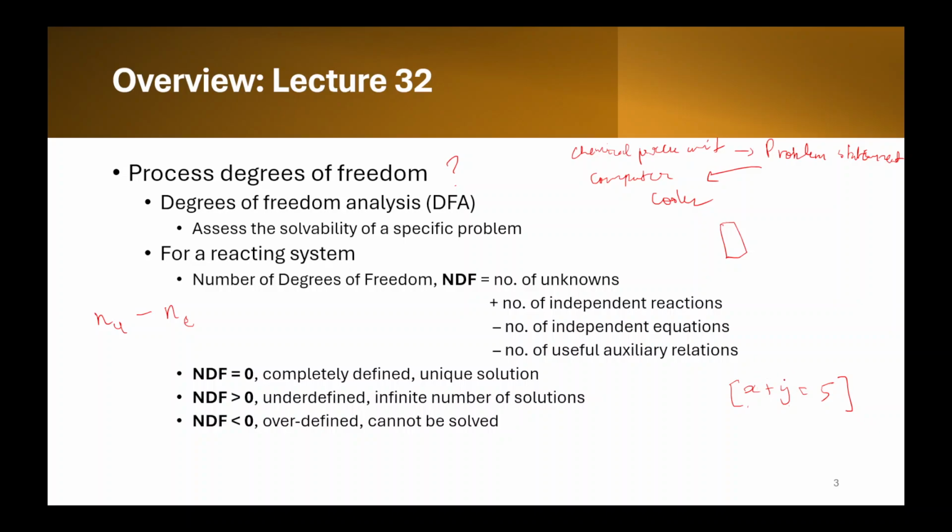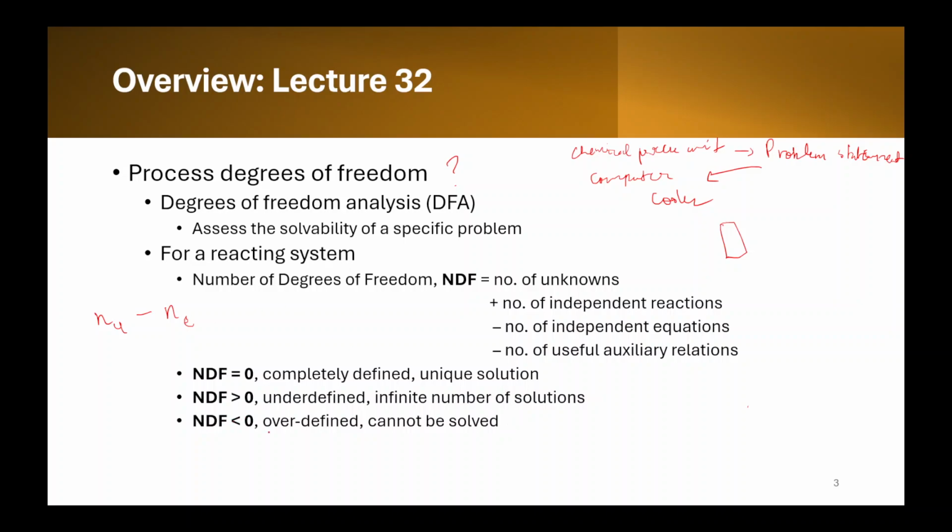You can have multiple values here: x can be 2, then y will be 3; x can be 1, then y will be 4; x can be minus 1, then y will be 6. So it has a number of solutions. If the system is underdefined, it will have an infinite number of solutions.